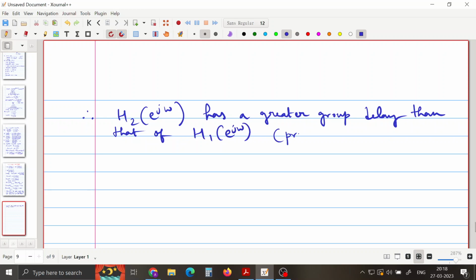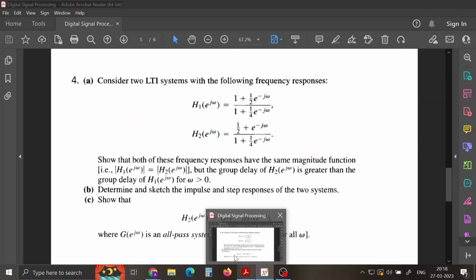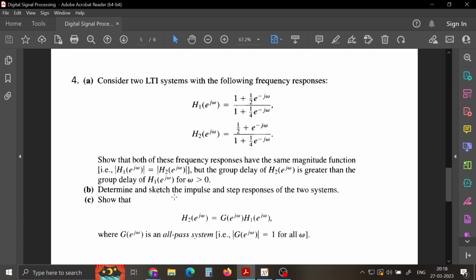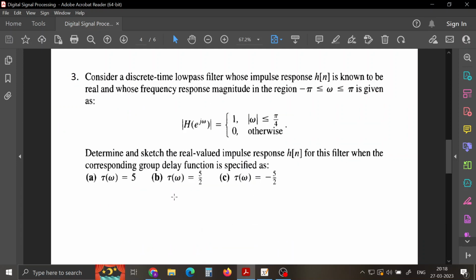This is also proved, okay, for omega greater than 0. So the first part we have seen now. This was the first part of the fourth question.